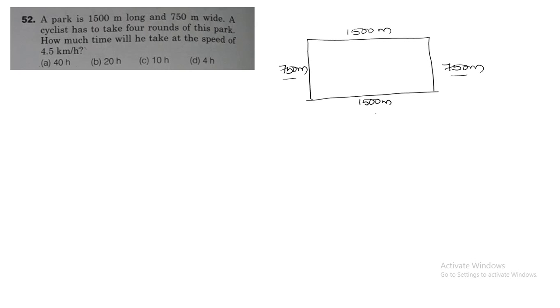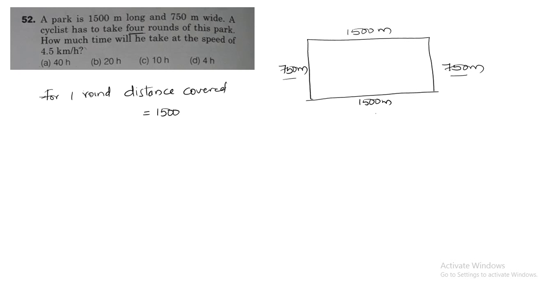Now first of all, we need to find out the distance traveled for 4 rounds. So for one round, the distance covered is equal to what we can say? Simply add up all the sides.